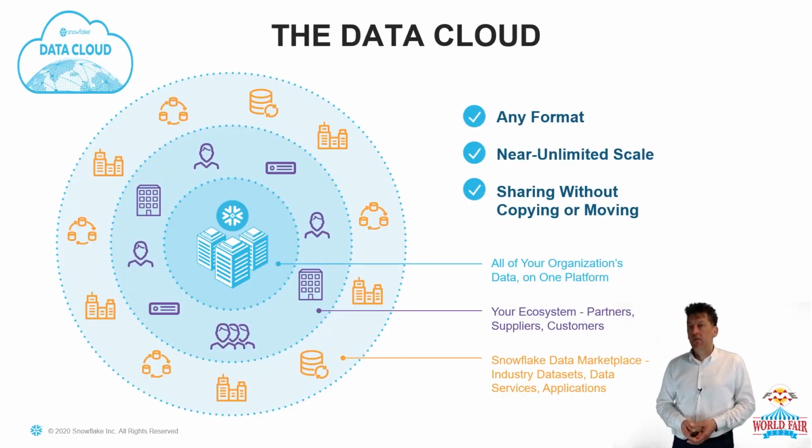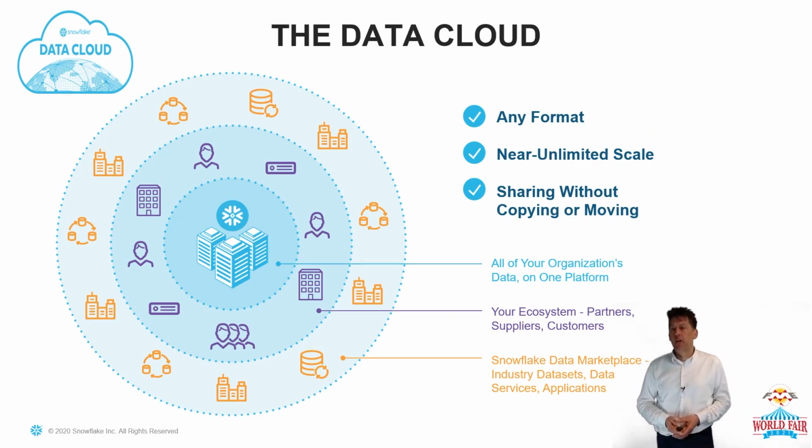So how can you look at the data cloud? See yourself in the middle. You could be a single Snowflake customer, let's say on Azure in the Netherlands. Let's assume you have your direct vendors, your internal lines of business. This is the second circle you want to share your data with. You control who has access to it, if it's a subset of data or a secure view, the middle circle allows you to do so.